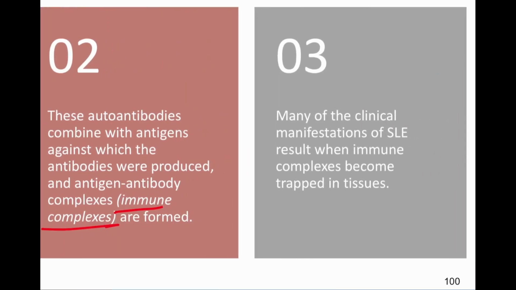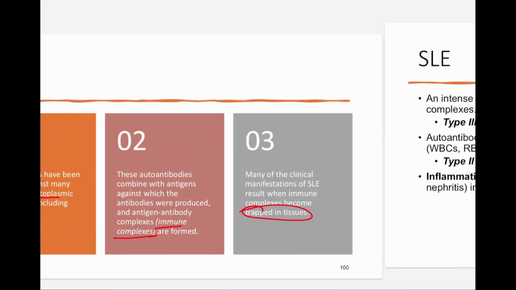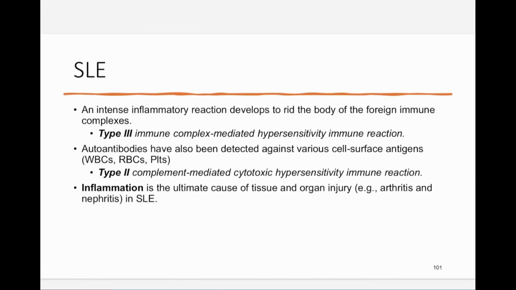And they get trapped in the tissue, and that's what causes the problems. So here's your type 3 reaction. Here's your type 2 reaction. Lupus can have both. The result is the same. These complexes get lodged in the tissue, and they cause damage later on. Okay.